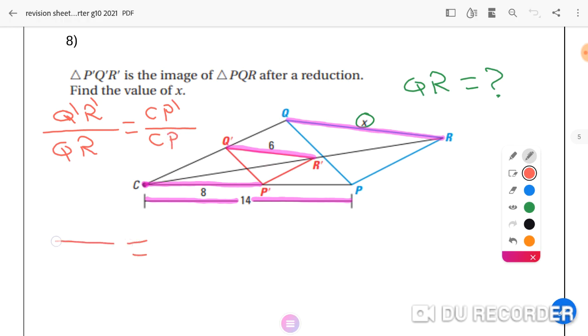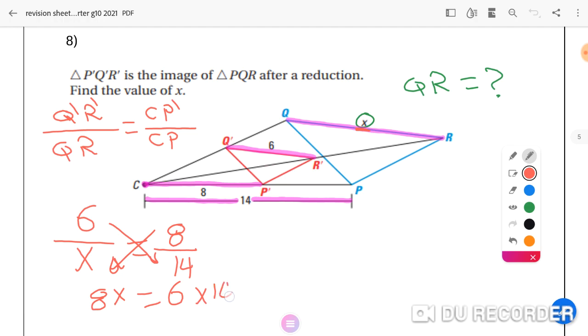Okay, so Q prime R prime equals 6. QR is not given, and it is the required, and it measures x. CP prime equals 8, CB equals 14, and we can apply cross multiplication. So we'll have 8x equals 6 multiplied by 14. Let's simplify. 8 divided by 2 equals 4, by 2 equals 3, by 2 equals 2, by 2 equals 7.